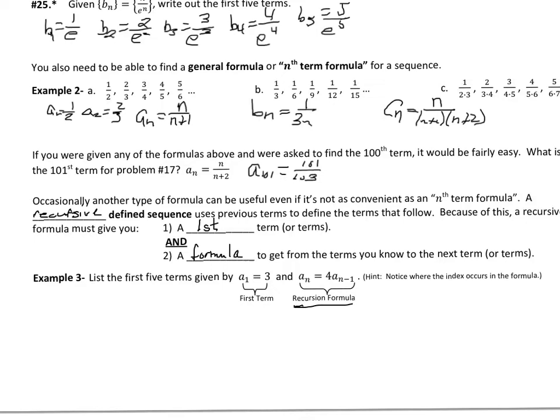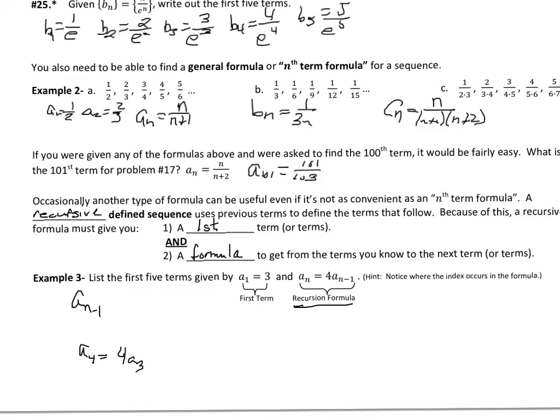Now, let's talk about a sub n minus 1 for a minute, that notation. Basically it means previous term. So if I want to find a sub 4, for example, then a sub 4 is going to be equal to 4 times a sub 4 minus 1, or a sub 3.